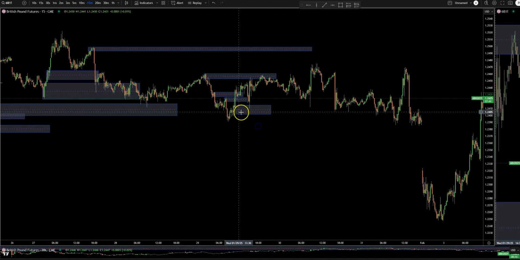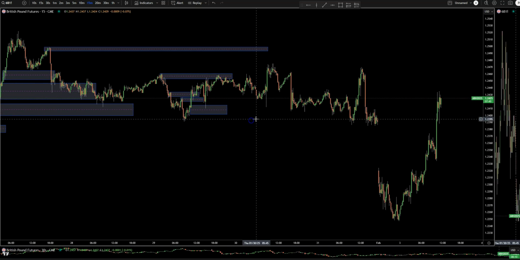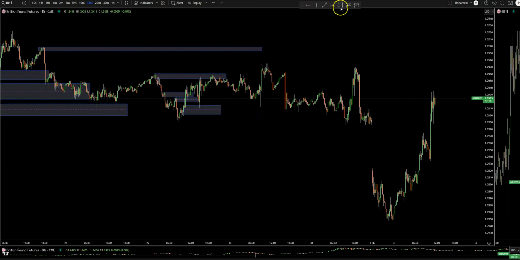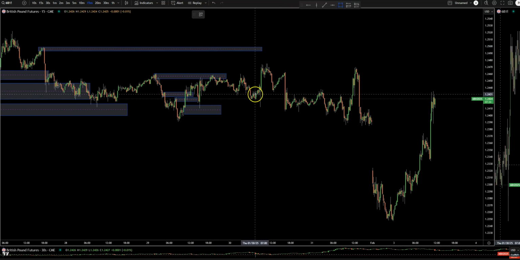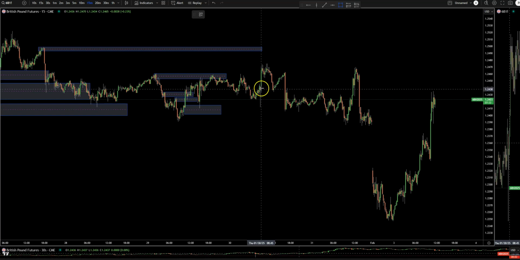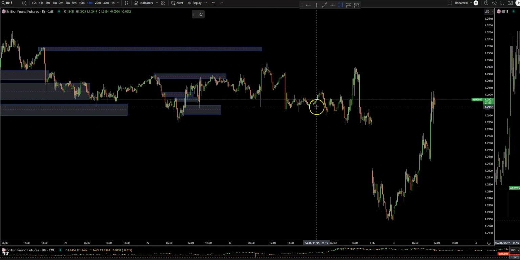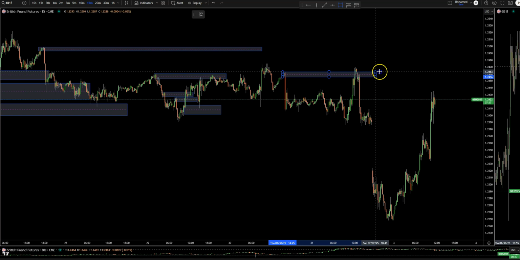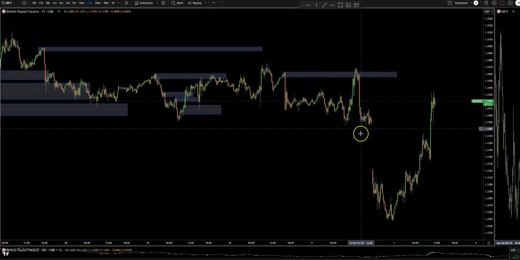So you could call this a valid demand zone. Taps it, gets a nice reaction. There's some other ones you could probably draw out in here, depending on how strict you are with your rules. This is another one. Boom, down.